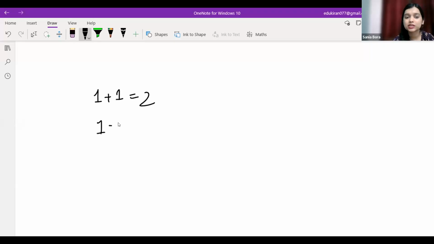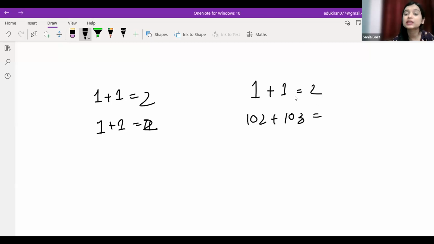In the sixth class, I will not teach you 1 plus 1 is 11. I will only teach 1 plus 1 is 2. But now I will give you 102 plus 103. The level of difficulty will increase, but the actual thing remains the same, right?